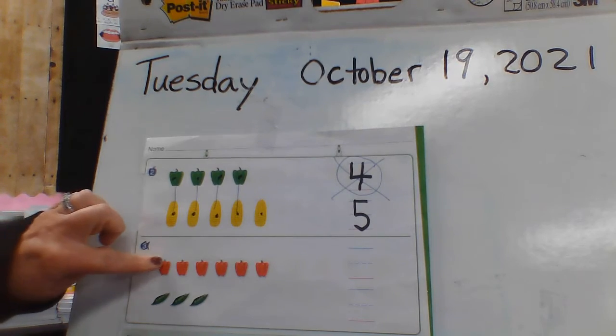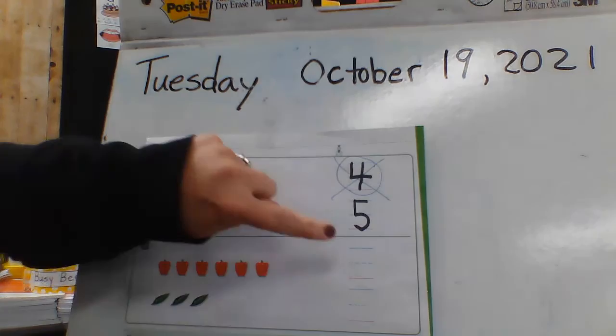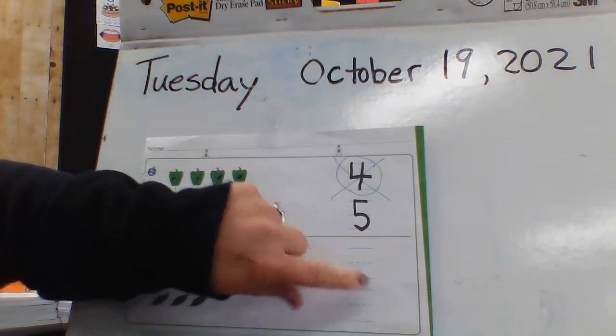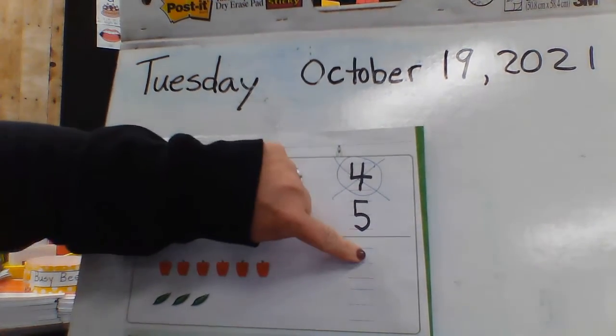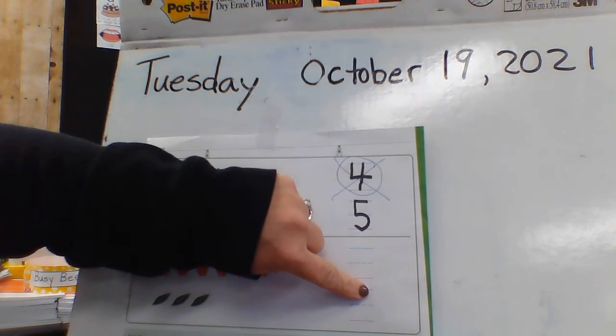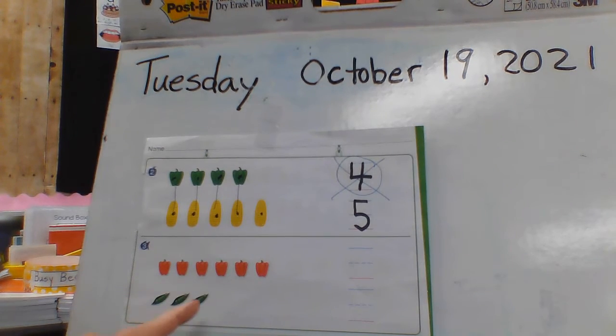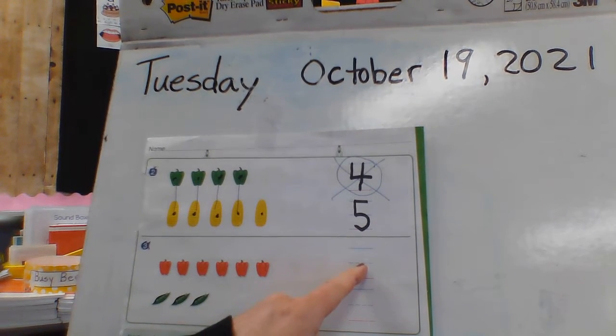you're going to count the vegetables in each group. You're going to write the number. So count and write the number. Then they want you to draw more peas to make the number equal. Okay, so first you're going to count the red peppers and write the number.